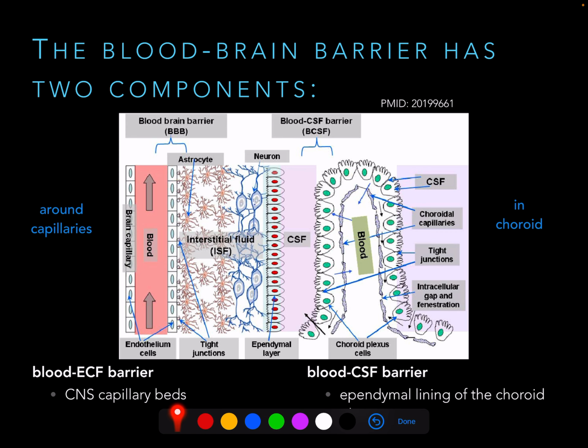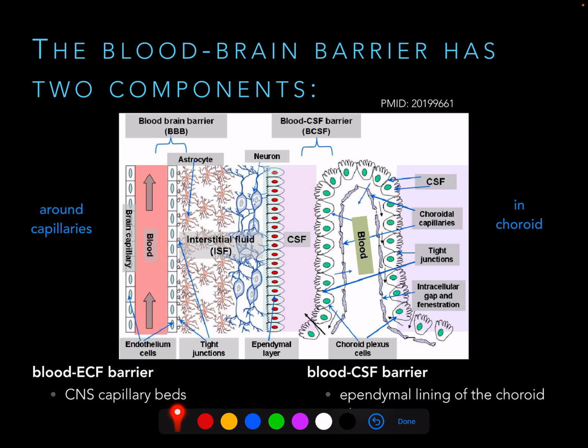So not only are our veins different, the arteries and arterioles and capillaries, these are also different. They have tight junctions to ensure that anything floating around in the blood can't just freely diffuse between those endothelial cells and enter the brain. So that's our blood ECF barrier. What's in the blood can't freely enter the extracellular fluid.